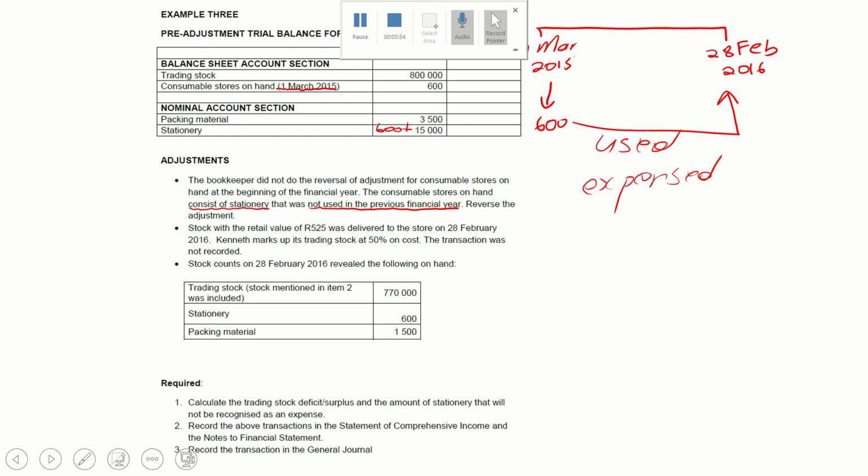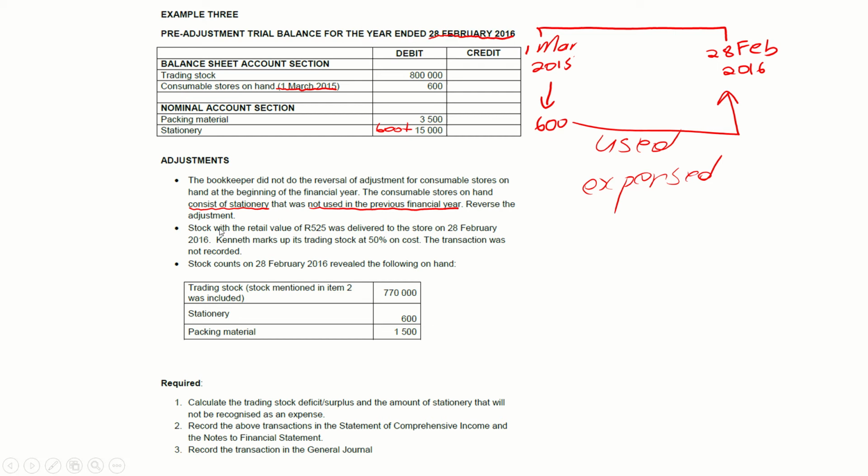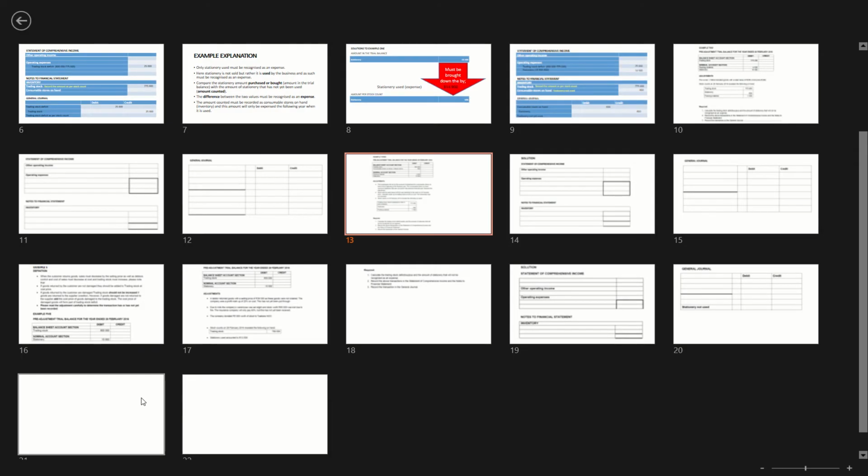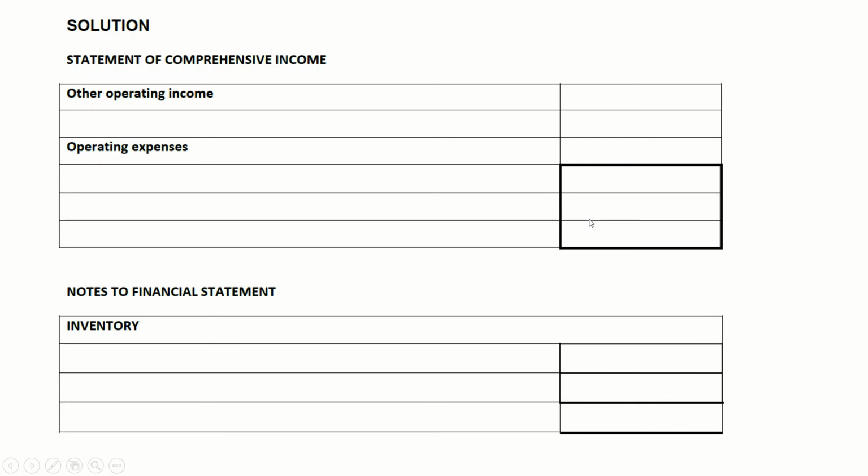Basically, that's what needs to happen. What needs to happen is for us to add the 600 rand to the 15,000 rand, okay? And that 600 rand must be expensed in the current year. I'm just going to continue. Basically, this is what needs to happen.